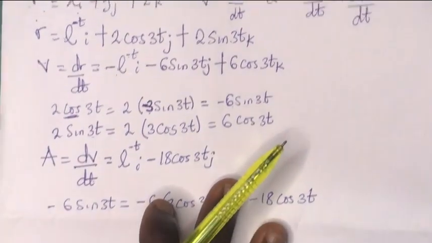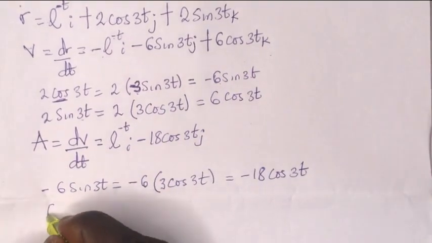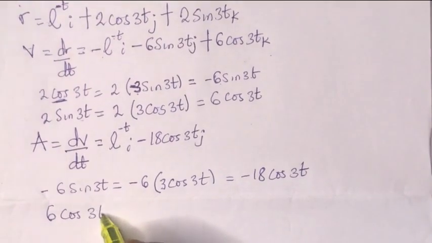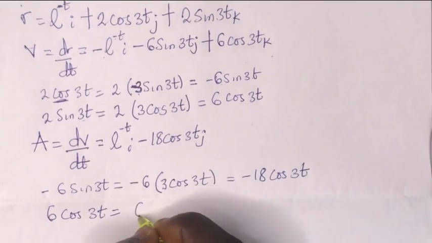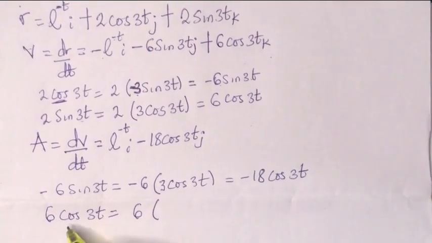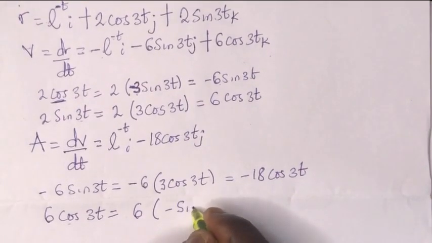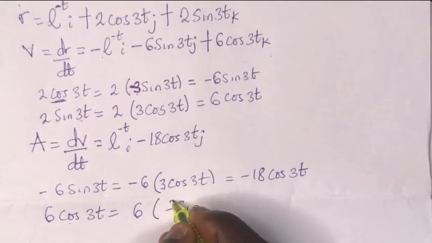Now you want to differentiate 6 cos 3t. If you differentiate 6 cos 3t, you are going to have your 6 first, open the bracket. If you differentiate cos, what will you get? Minus sine. If you differentiate 3t, you are going to have 3.